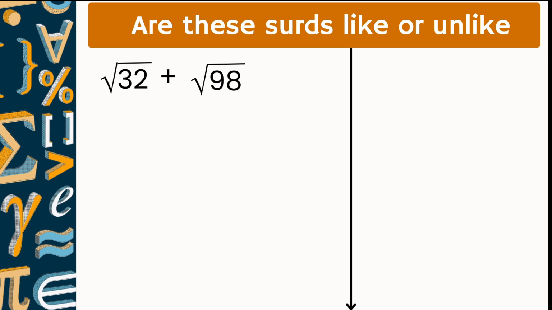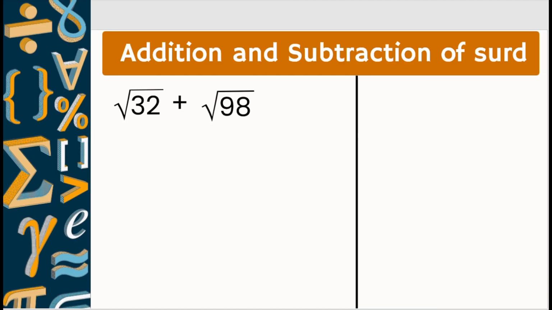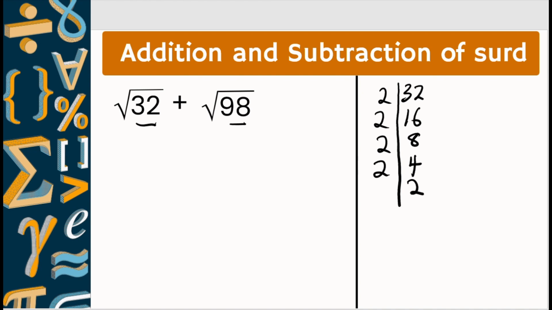Let's solve this first question. The first thing we are going to do is reduce these Surds to their simplest form. I'm going to start with 32. 2 will divide 16, 2 will divide 8, 2 will divide 4, 2 will divide 2, and then 2 will divide 1.